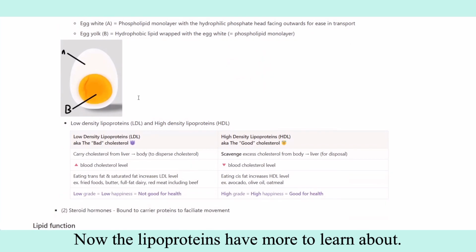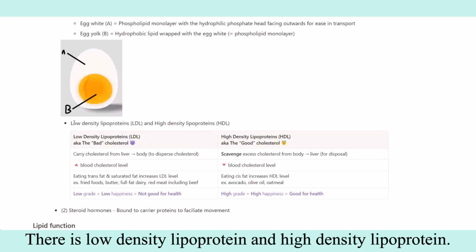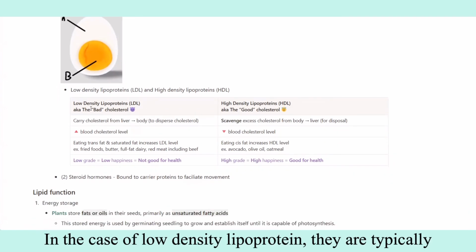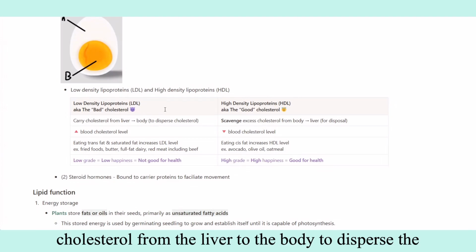Now, the lipoproteins have more to learn about. There are two types of lipoproteins: low density lipoprotein and high density lipoprotein. Low density lipoprotein is typically called the bad cholesterol because it carries the cholesterol from the liver to the body to disperse the cholesterol.